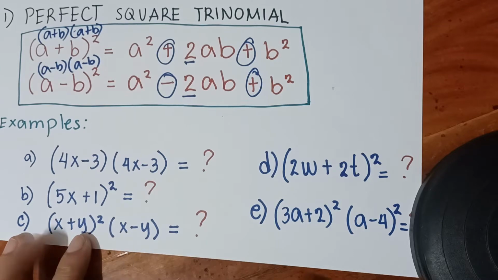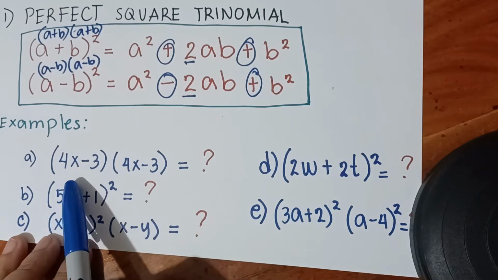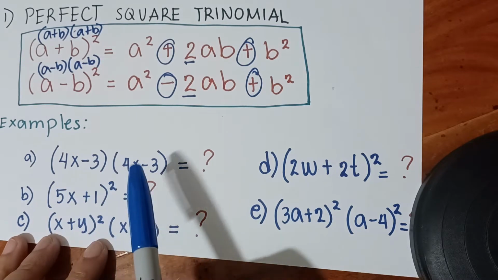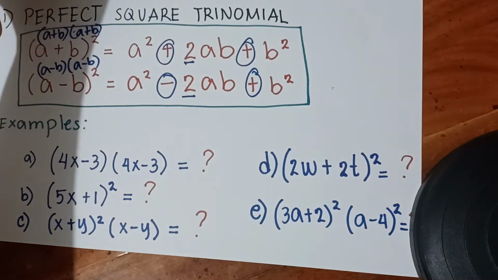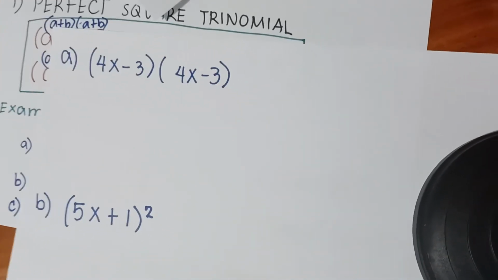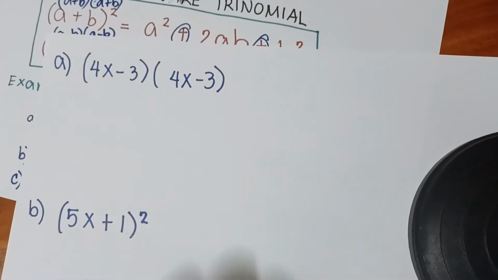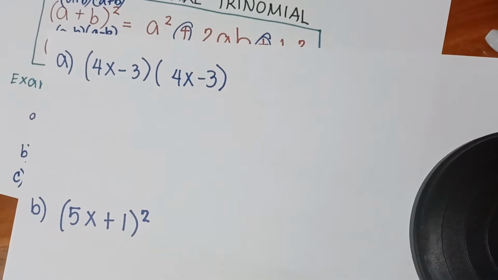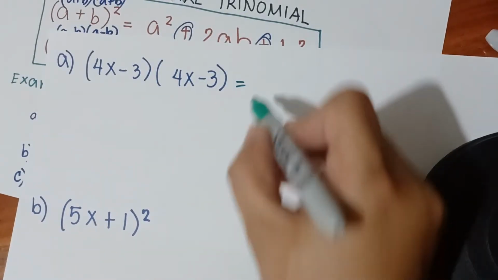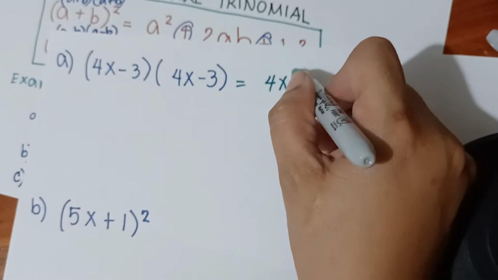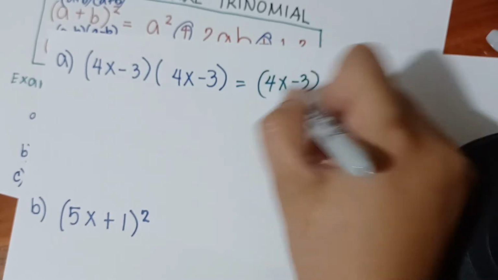Okay? So, let us do this. 4x less 3 times 4x less 3. So, 4x less 3 times 4x less 3 can also be written as 4x less 3 squared.